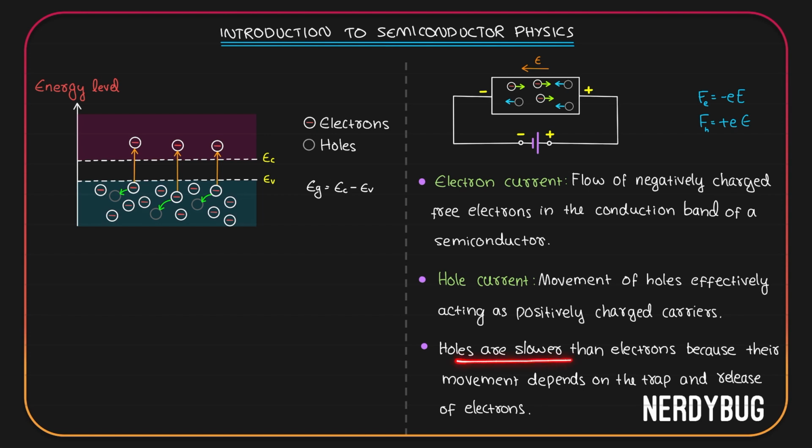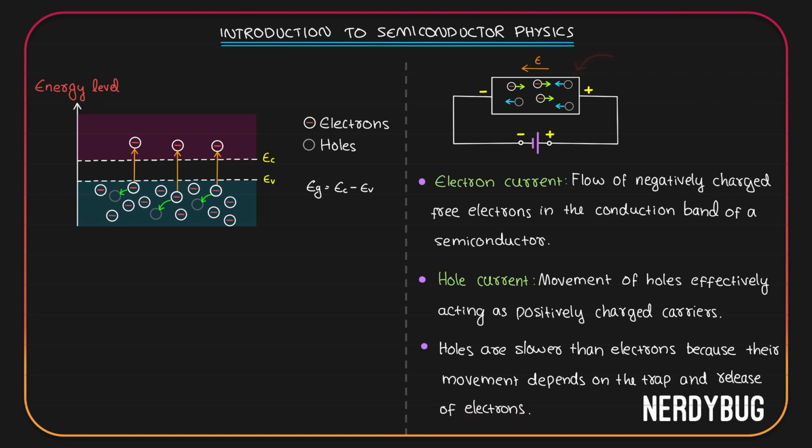We can say that holes are slower than electrons because their movement depends on the trap and release of electrons. When we say electrons here, we mean the electrons in the conduction band. When we say electrons here, we mean the electrons in the valence band. Holes are slower than the conduction electrons because their movement depends on the trap and release of valence electrons.